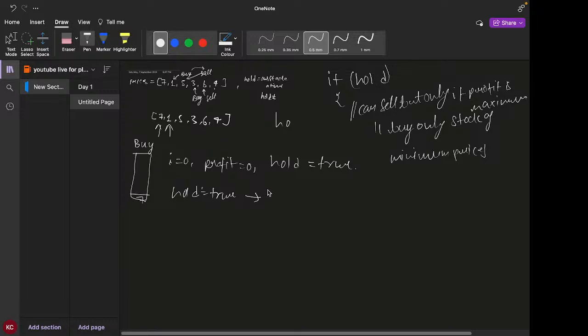Then how can I maintain it? Let's suppose if hold is true and I get one that is less than 7, so I put it on the stack. Again I move to the 5, and the 5 is not smaller, so I can't put it, I have to sell.